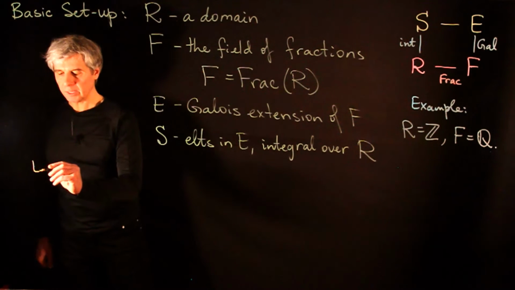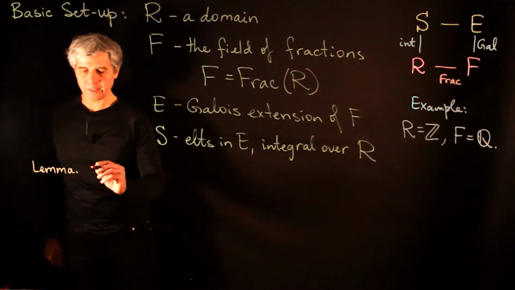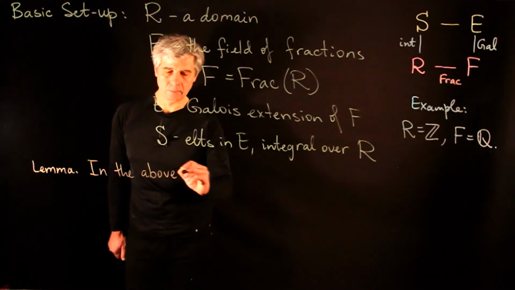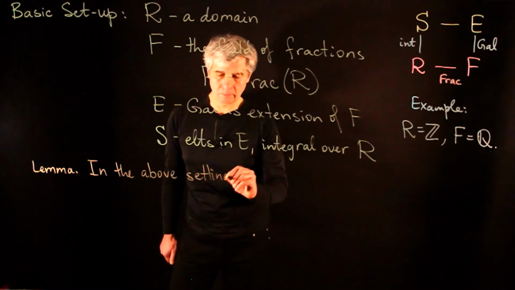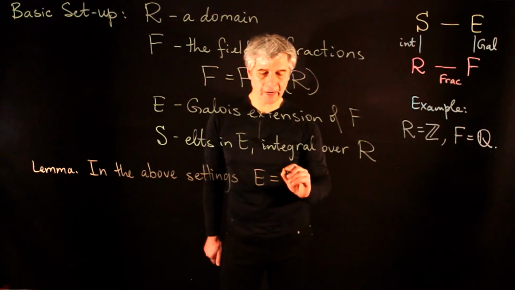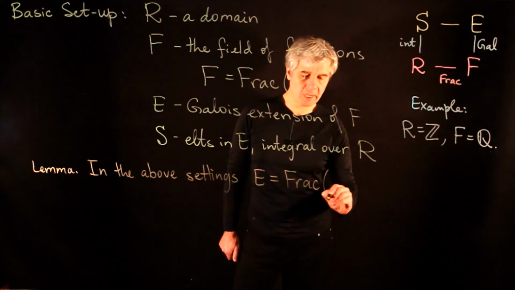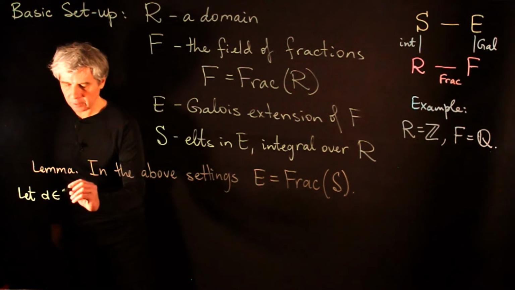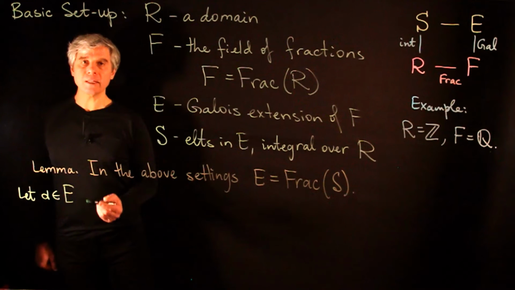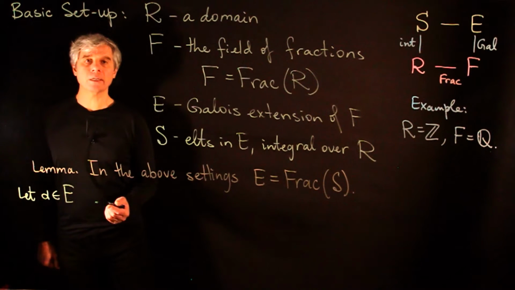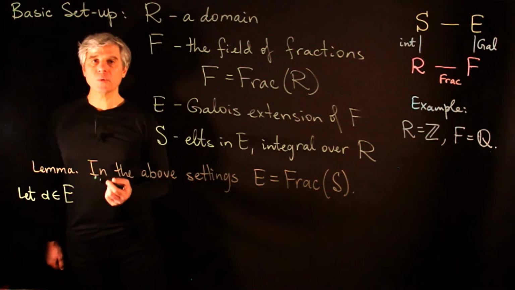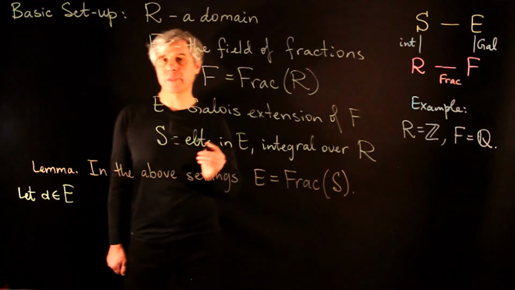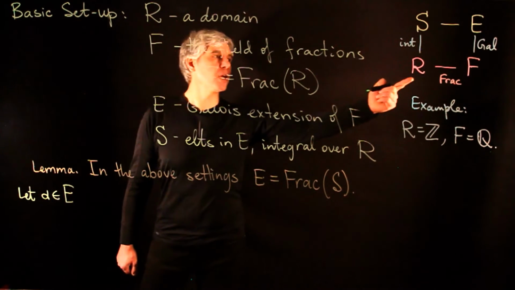We begin with a simple lemma that says that in the above settings, E is the field of fractions of the ring S. Let alpha be an element of E. We need to prove that alpha can be written as a fraction with numerator and denominator from S. Actually, we'll prove something stronger, that the numerator of alpha will be from S, but the denominator of alpha may be chosen from the ring R.